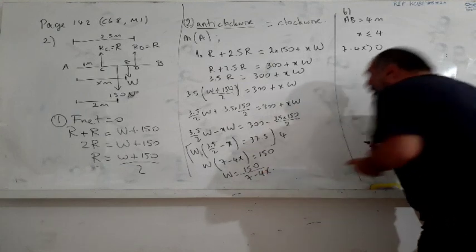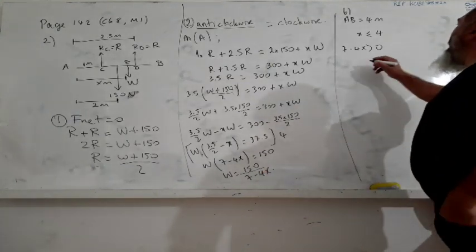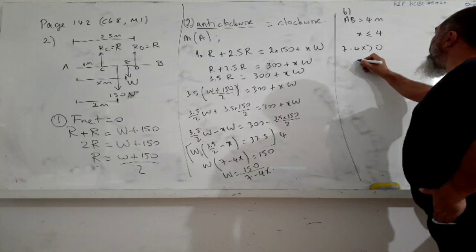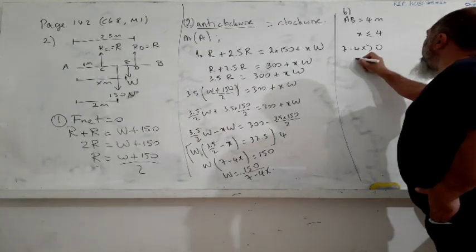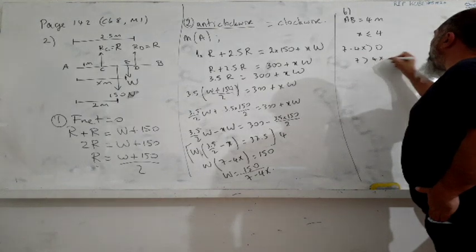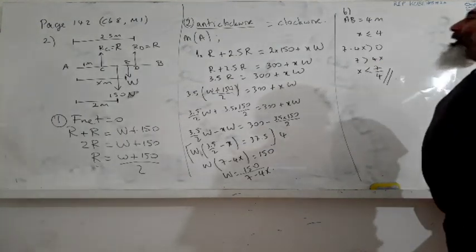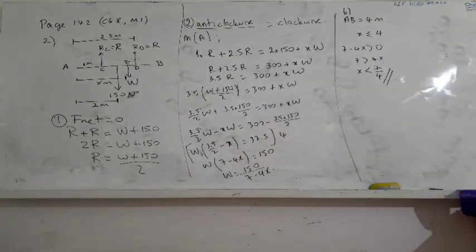And that means 7 is greater than 4x, x is less than 7 over 4. And these are the two restriction values for x.